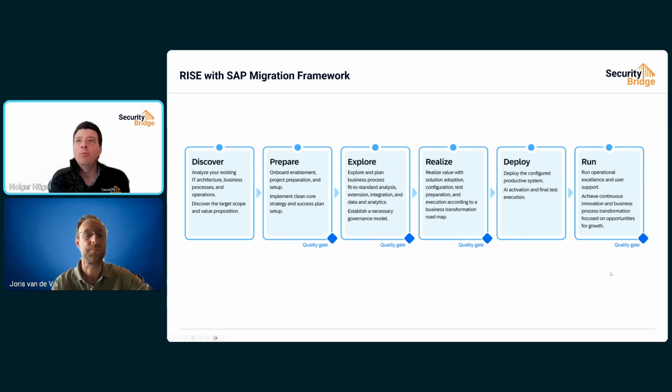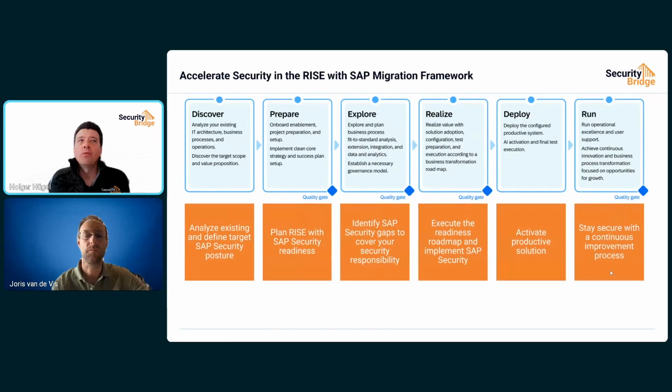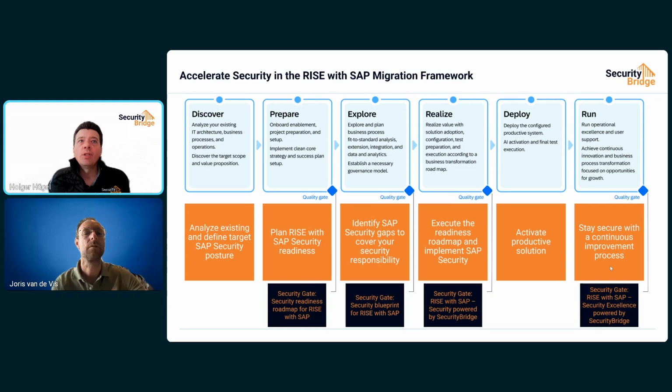Now, what we provided is a corresponding framework for the security. So as you move to the cloud, you can step by step create a very mature security posture for your RISE with SAP environment. And along with these steps, you could also align certain security gates with the quality gates that are in the SAP migration framework. Right?